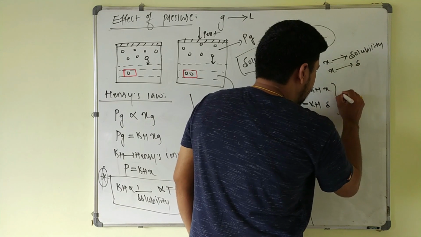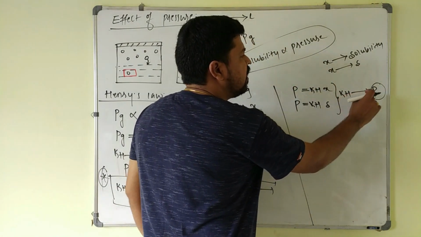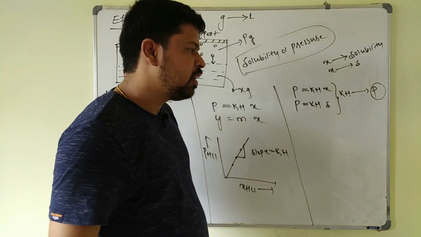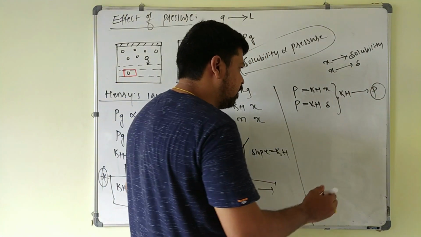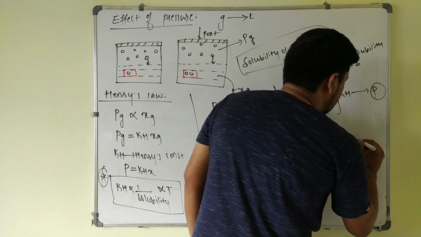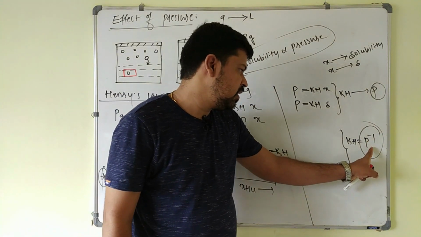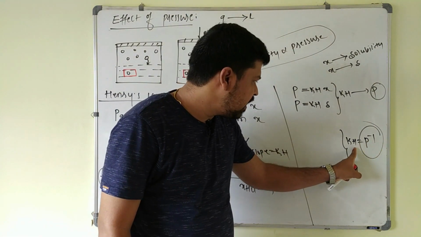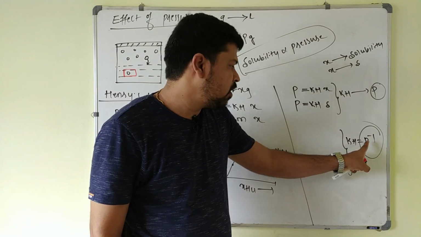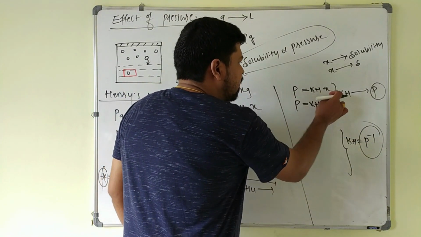You have to use this formula whenever the unit of KH is in terms of pressure. Sometimes in the problem they will give the unit of KH in terms of per pressure, the reciprocal of the pressure. If the unit of KH is in terms of per pressure, then you have to interchange these two here.